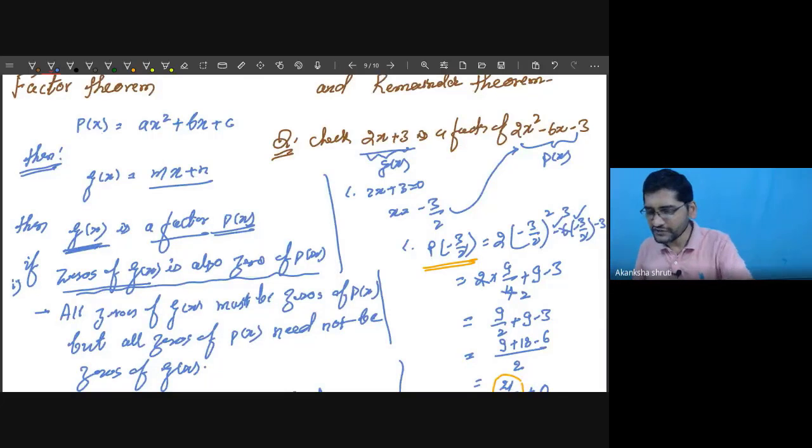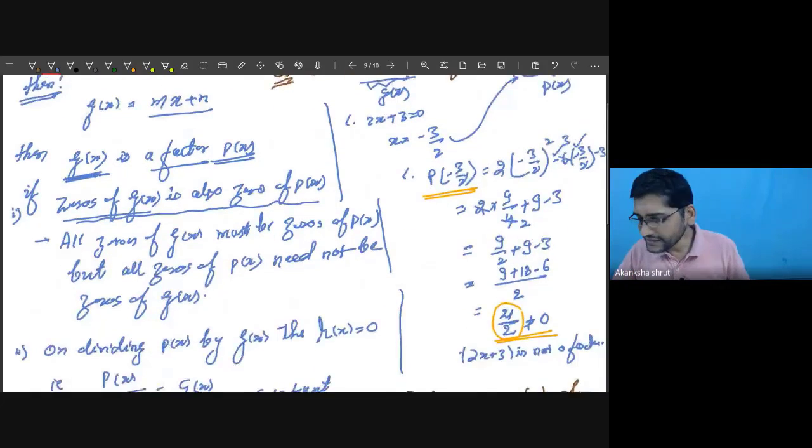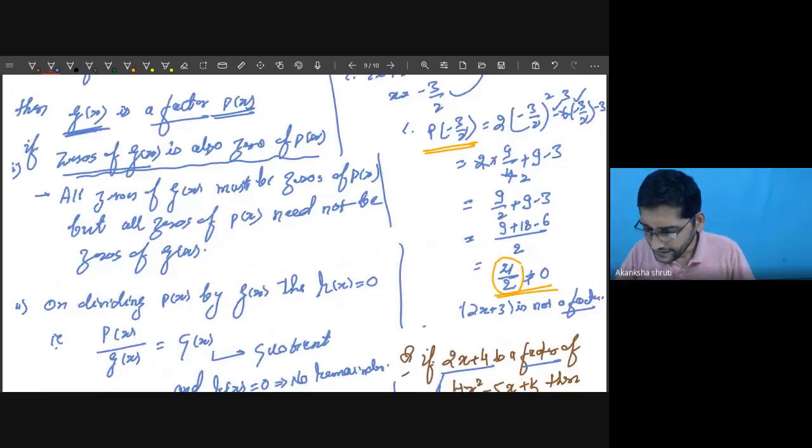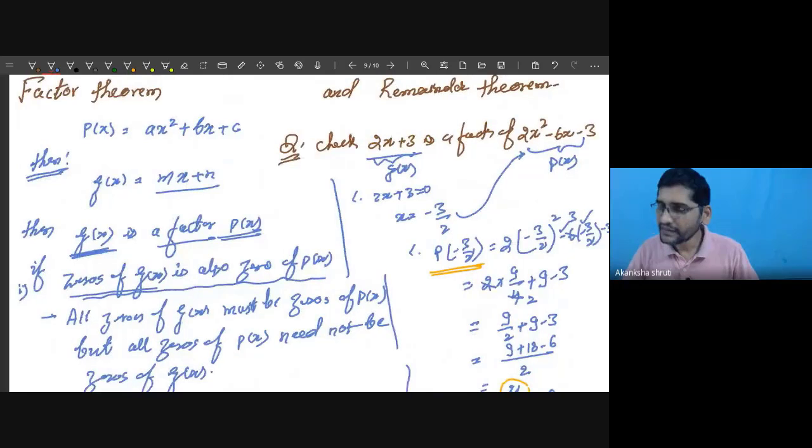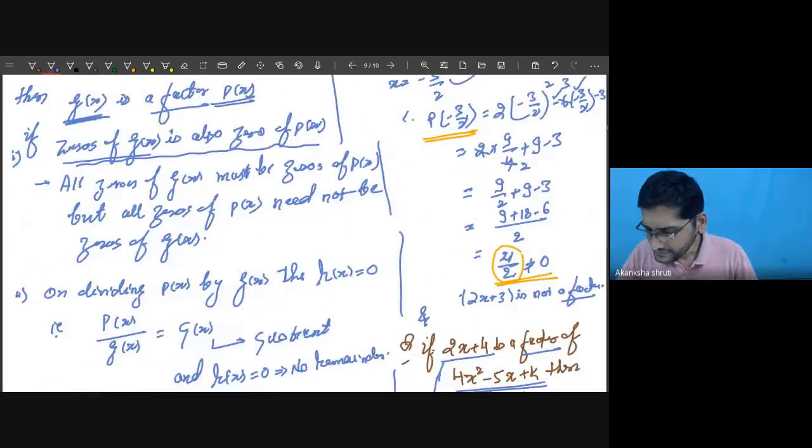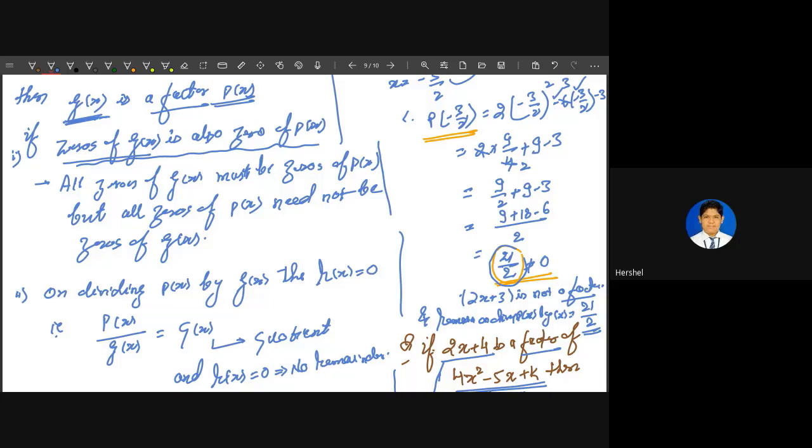So in the first case that we have calculated, we have to check this one. Here we have obtained that it is not a factor, that is one thing, and this also gives the remainder. The remainder on dividing p(x) by g(x) is equal to how much, student? Whatever value we have calculated, 21 by 2. r(x) is 21 by 2. Very good.